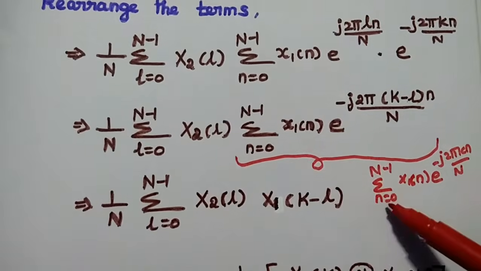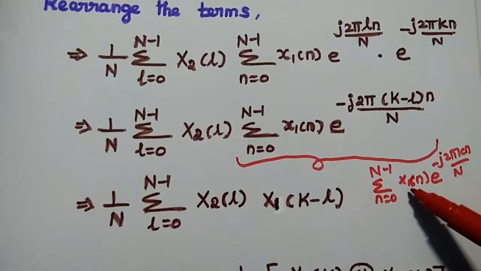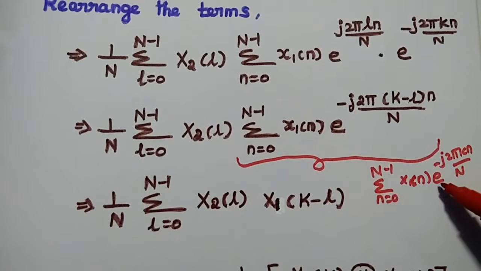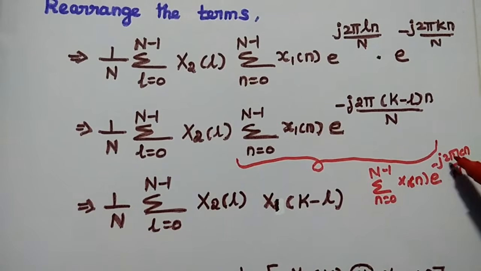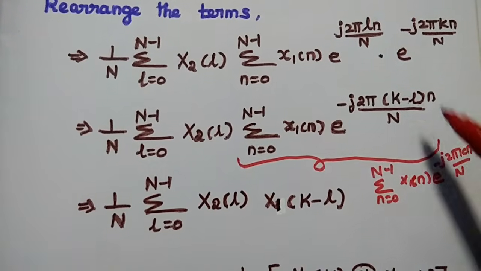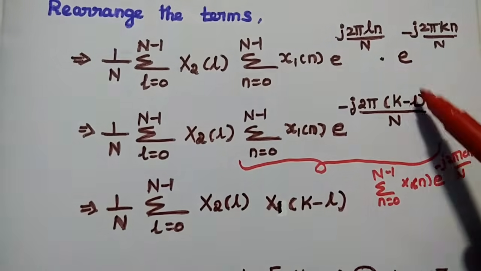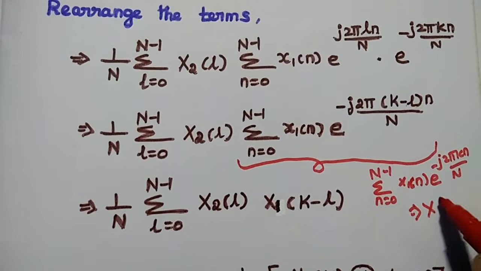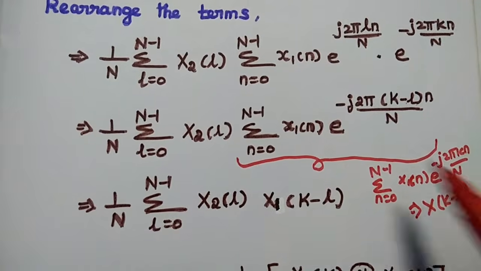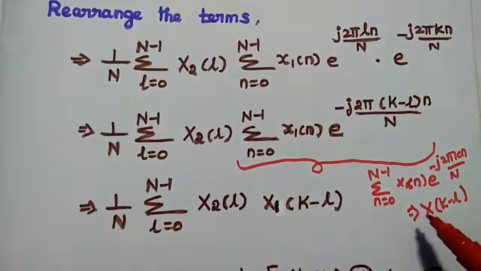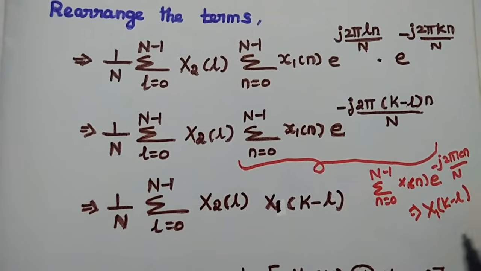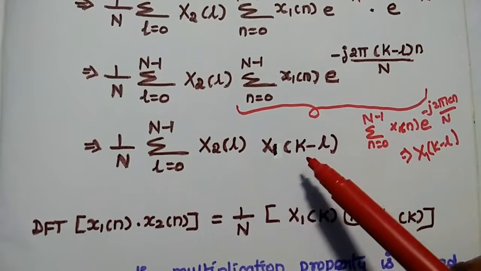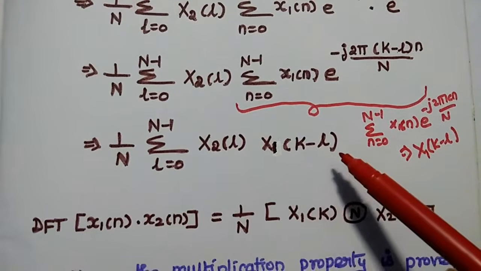Instead of x of n we have x1 of n, exponential of minus j 2 pi kn by N. Here instead of k we have k minus L, so we can write the term as X of k minus L. Since the sequence is x1 of n, we can put X1 of k minus L. Do you all understand that? So this term is replaced as X1 of k minus L.